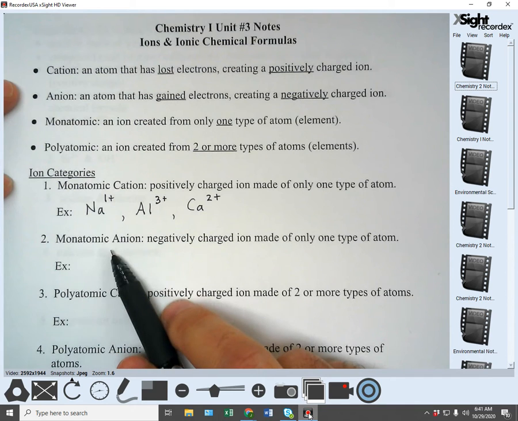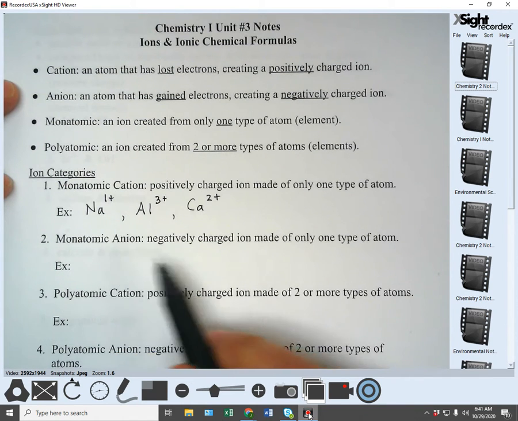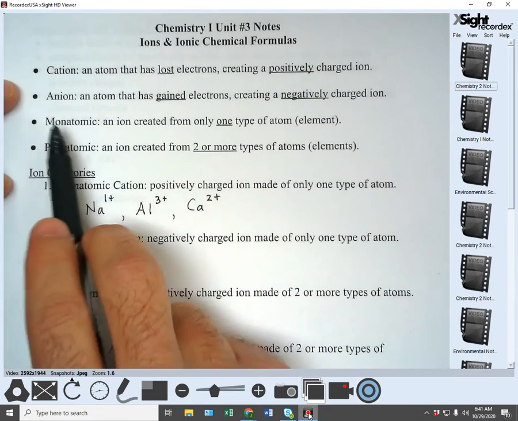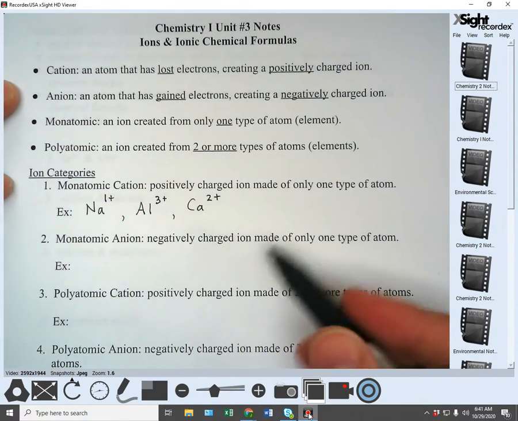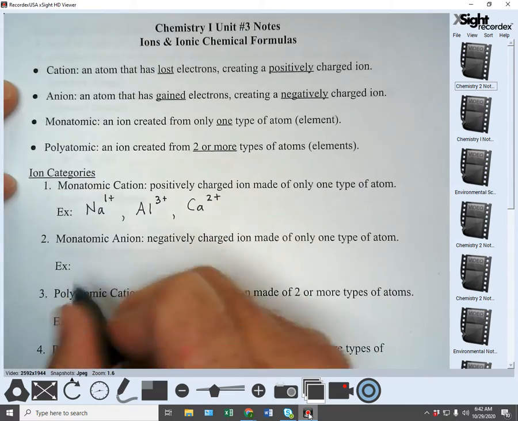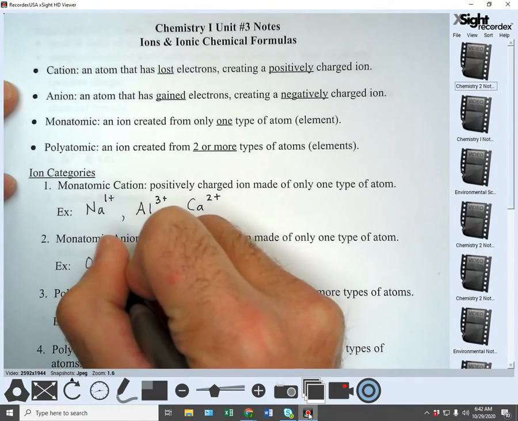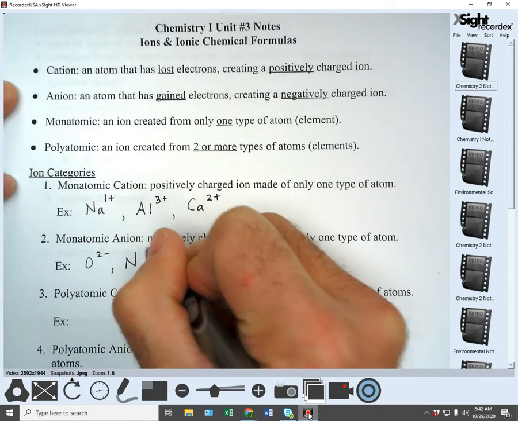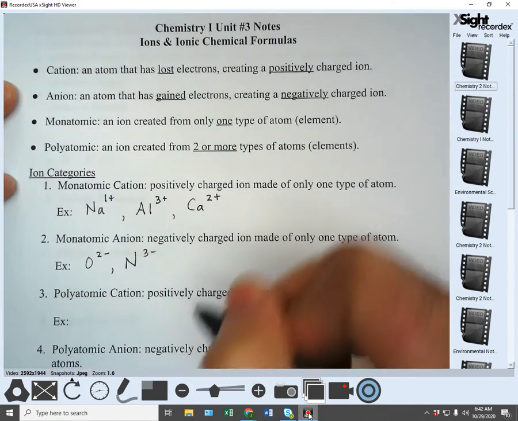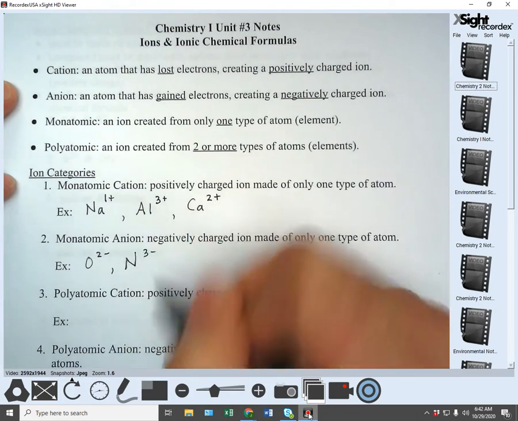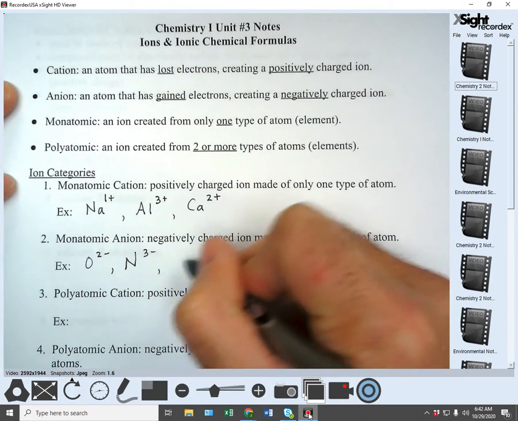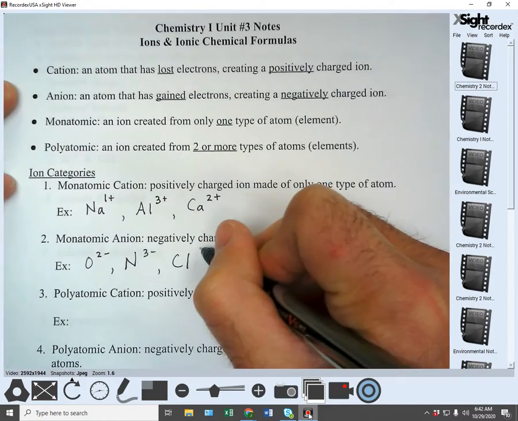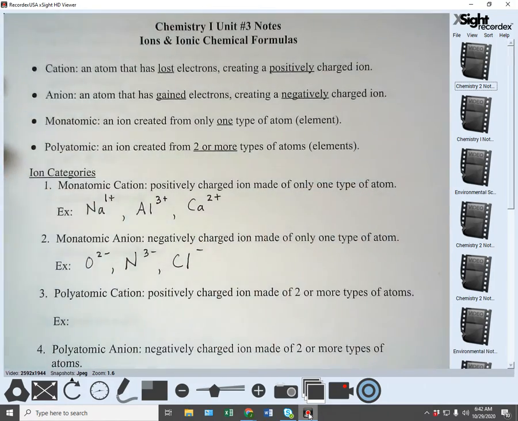A monatomic anion is a negatively charged ion made of only one type of atom. So a combination of monatomic and anion. So examples of these would be stuff like O2-, oxygen, nitrogen, 3-, chlorine, 1- or -1.